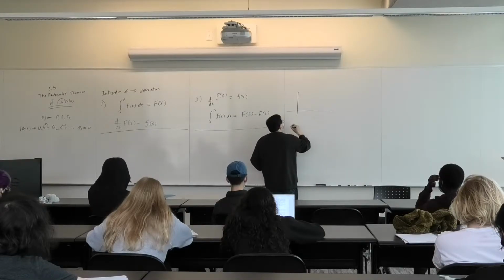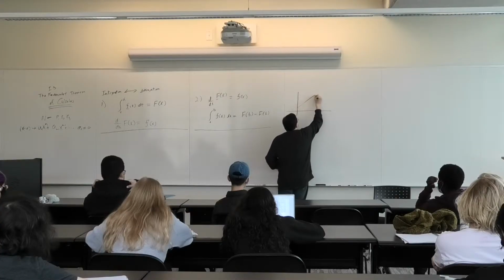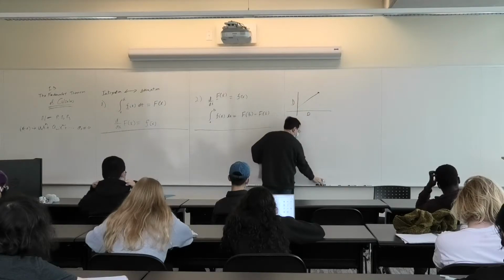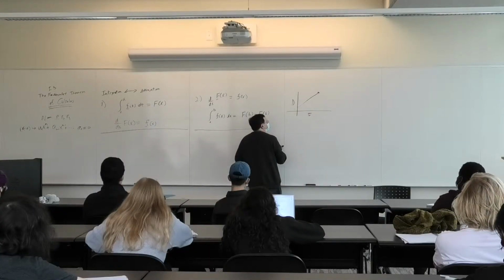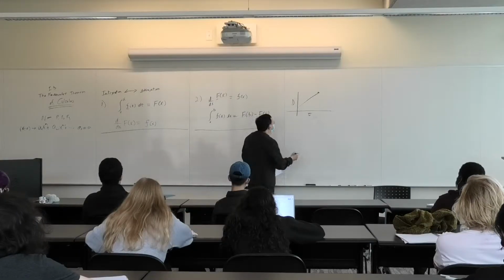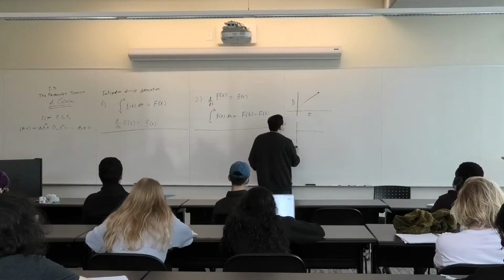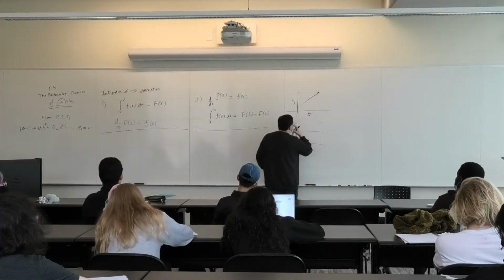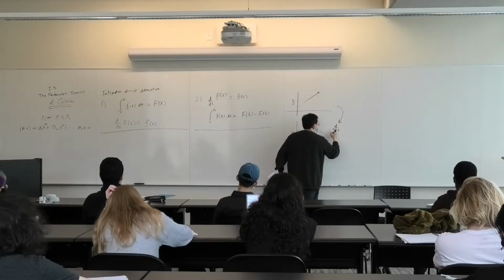I have some function, say it's distance by time, some object is moving, and I find its derivative, because it's moving at a constant rate, and that's my velocity. So going from here to here, find the derivative with time.